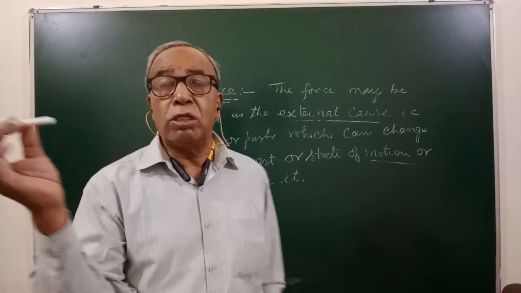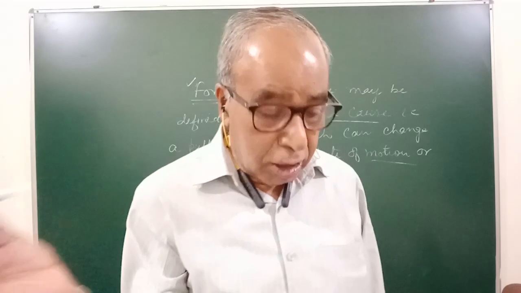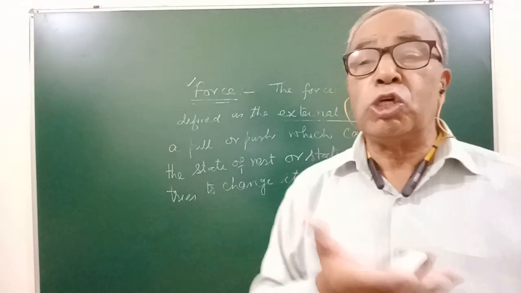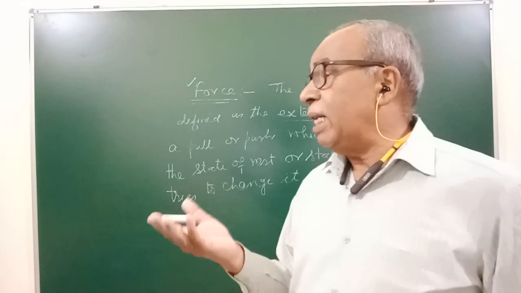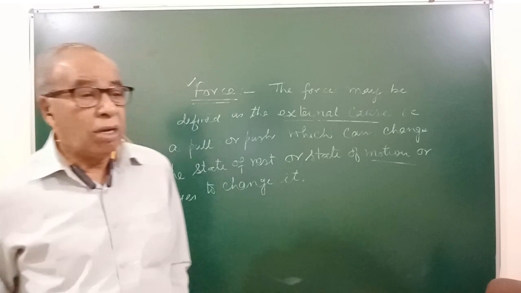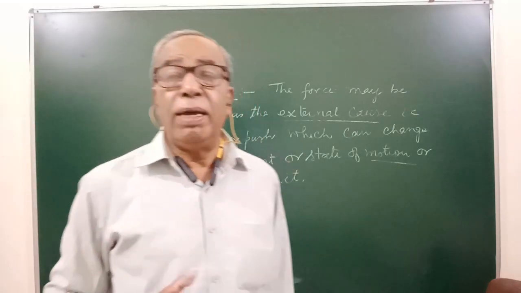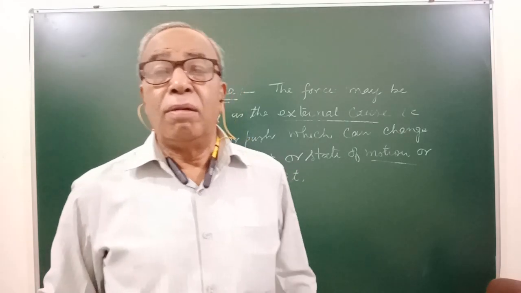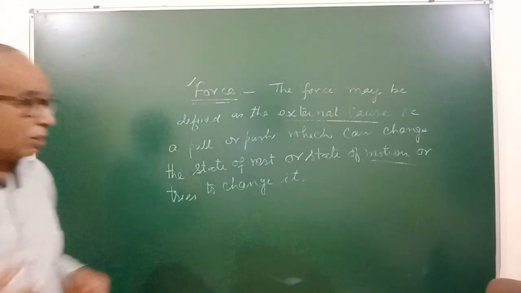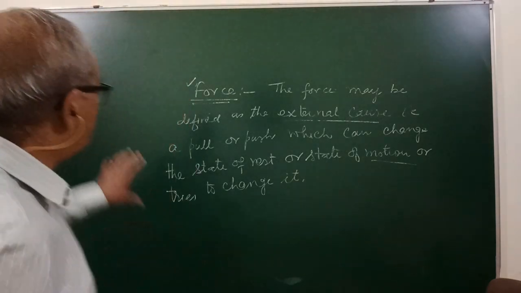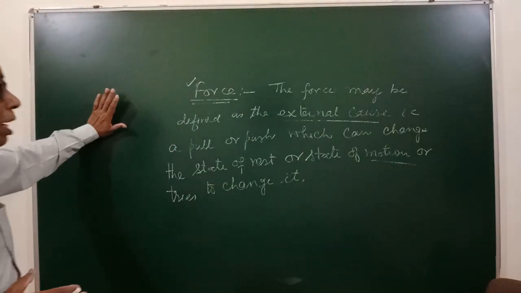I can throw this piece of chalk a long distance and the force applied by me on the chalk can change the state. I can make a cycle move or I can stop a moving cycle. But I cannot move this wall because of large inertia.